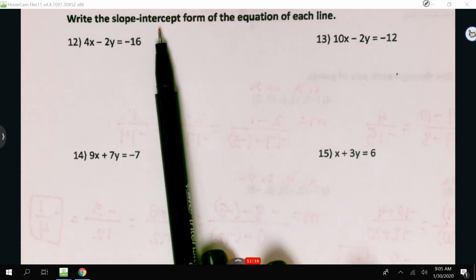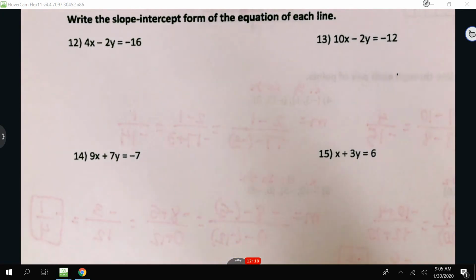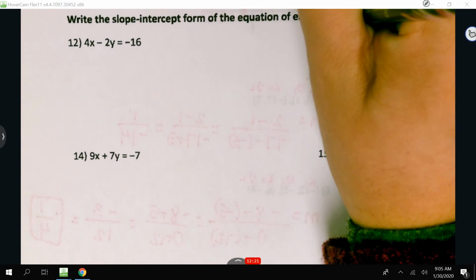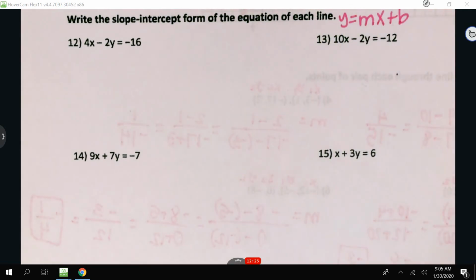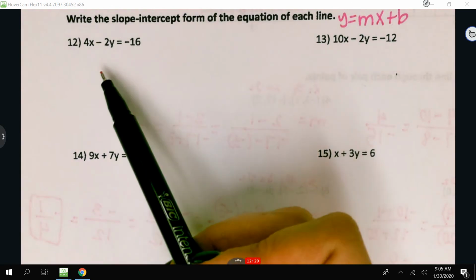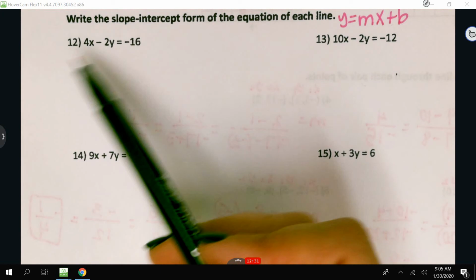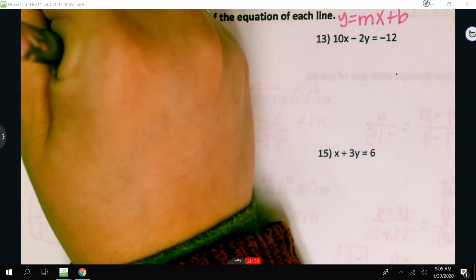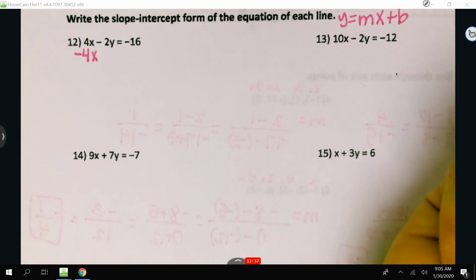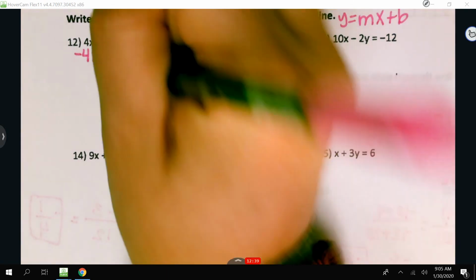I need to write it in slope-intercept form, which is y equals mx plus b. So don't forget that. So what's the first thing I need to do here? Get y by itself. Subtract your mx, your 4x.